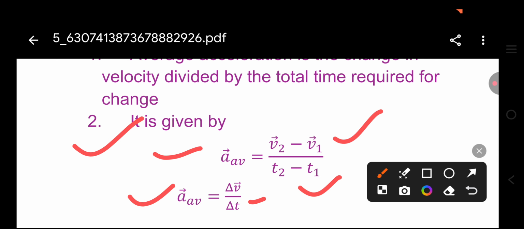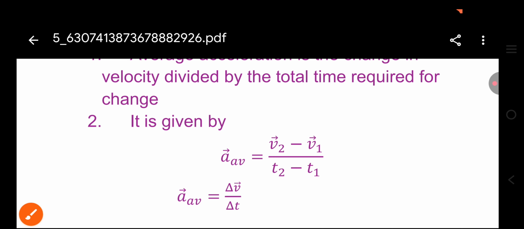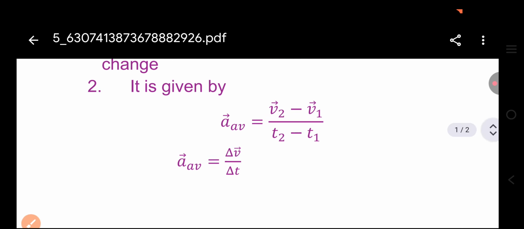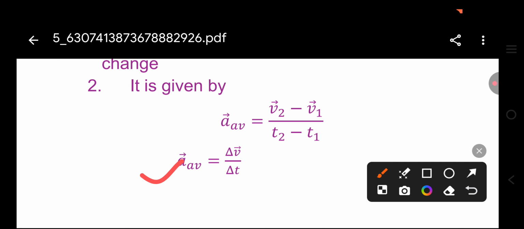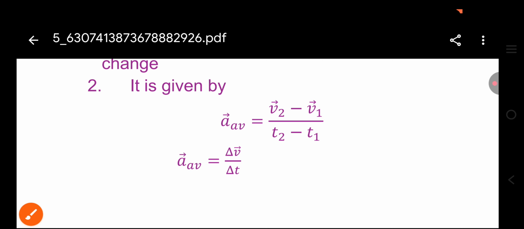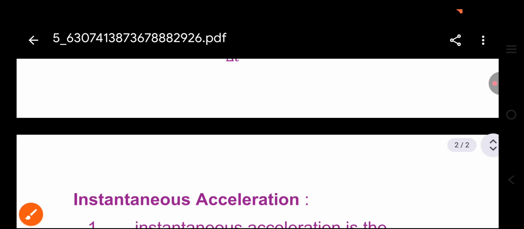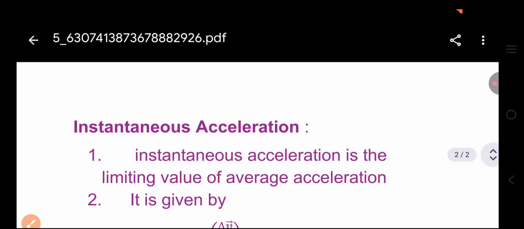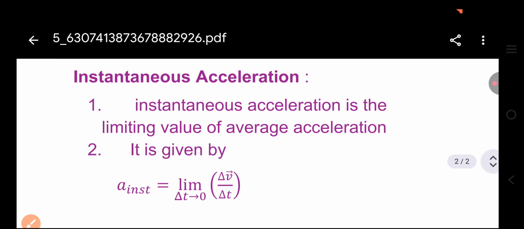This is average acceleration. Now the average acceleration vector equal to delta v vector upon delta t is the formula for average acceleration.